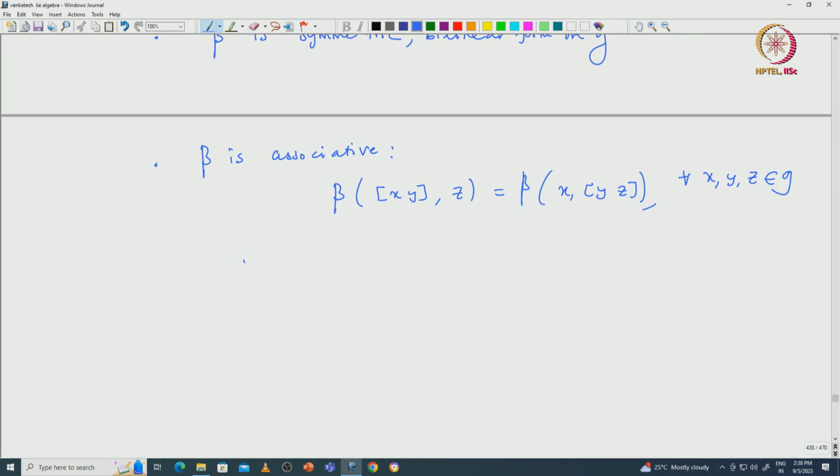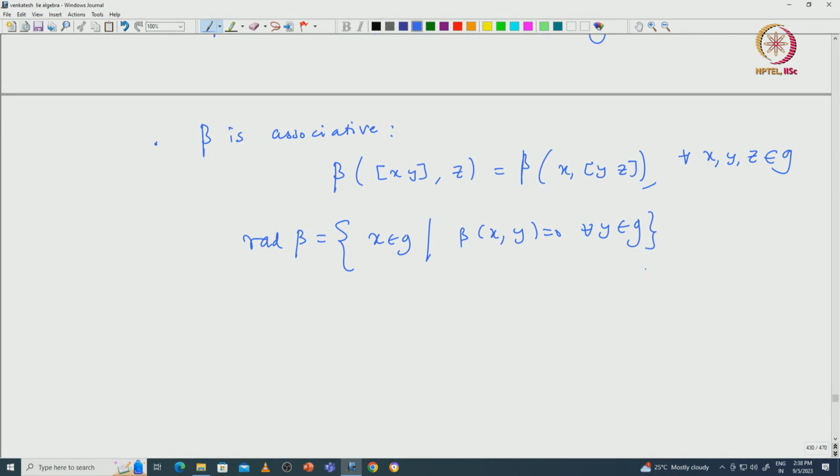What is the radical? The radical is defined very similarly to the case of the Killing form. It consists of those x in g such that beta(x, y) is 0 for all y in g. This is called the radical of beta. One can easily check that this radical must be an ideal inside g. This is something I leave to you. It is very similar to what we have done for the Killing form.